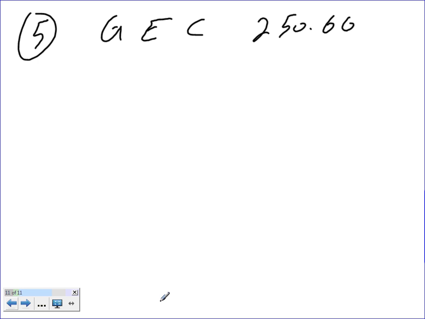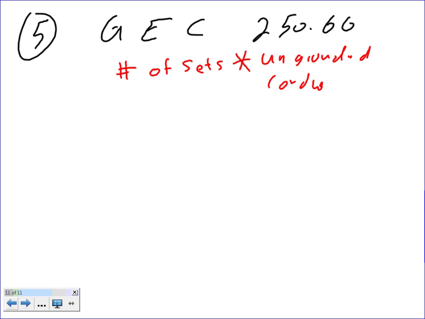I'm going to say number of sets times the ungrounded conductor size. So this is what we're doing. Number of sets are 4 times what's the ungrounded conductor size?